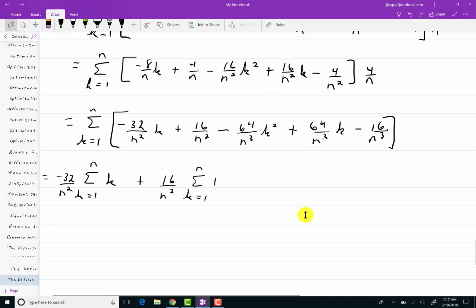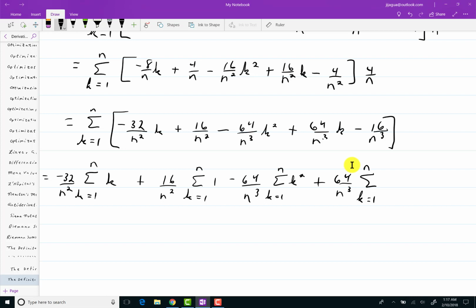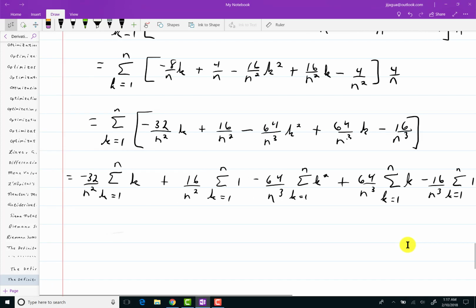Then negative 64 over n cubed summation k equals 1 to n k squared, plus 64 over n cubed summation k equals 1 to n of k. And finally, negative 16 over n cubed summation k equals 1 to n of 1. Alright, let's see what we have then.